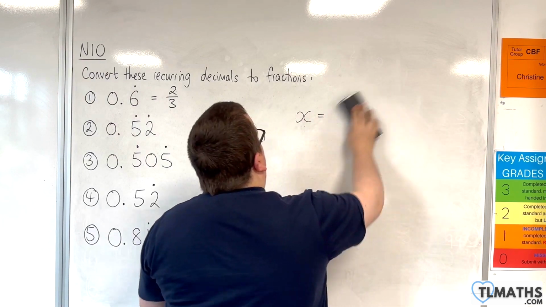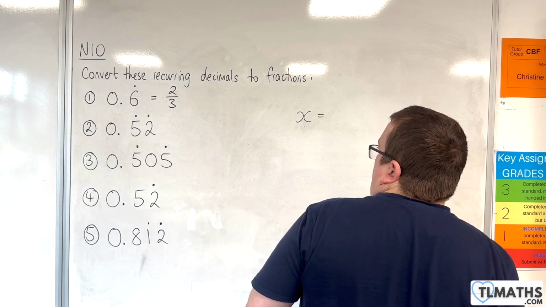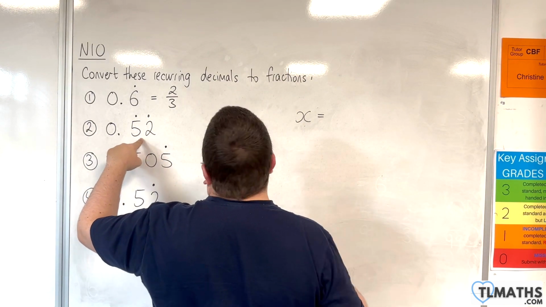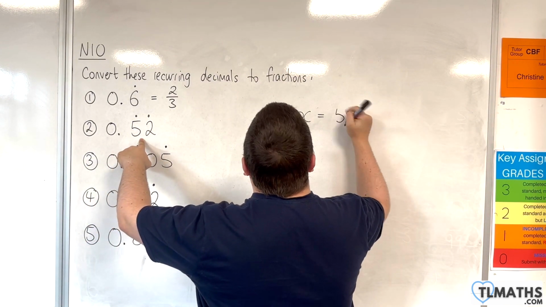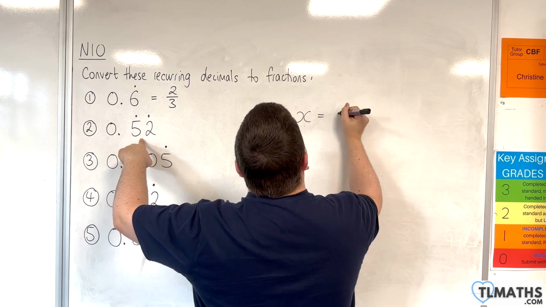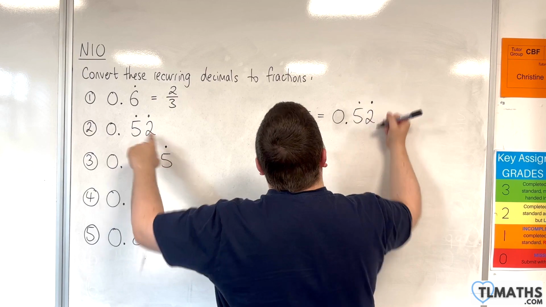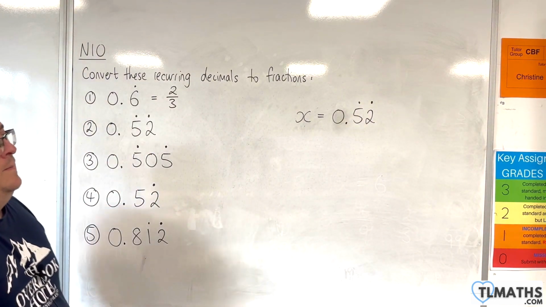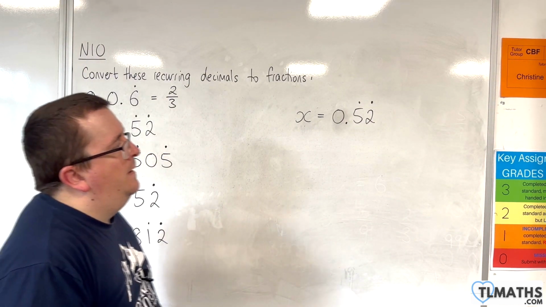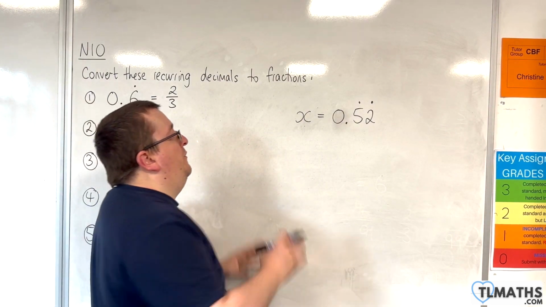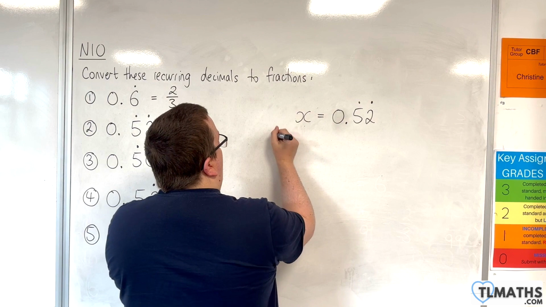Right, let's take a look at number 2. Now here we've got 0.52, 52, 52, 52, 52, and so on. So this is 0.52 recurring. Okay, now for argument's sake, look what happens if I just multiply through by 10.